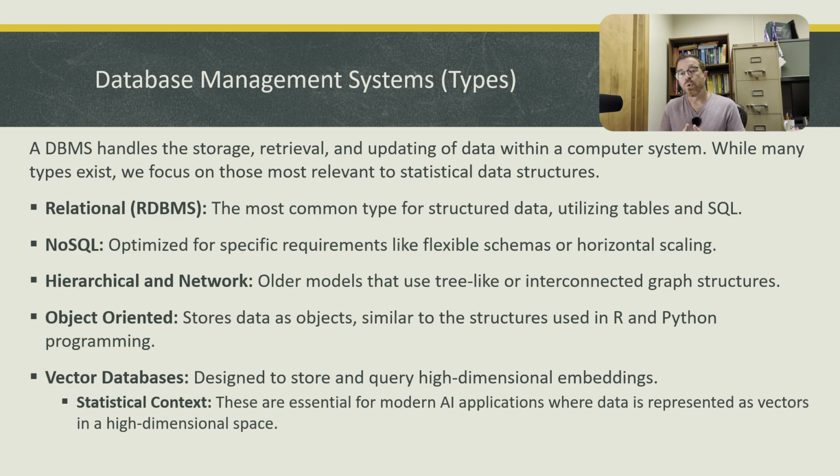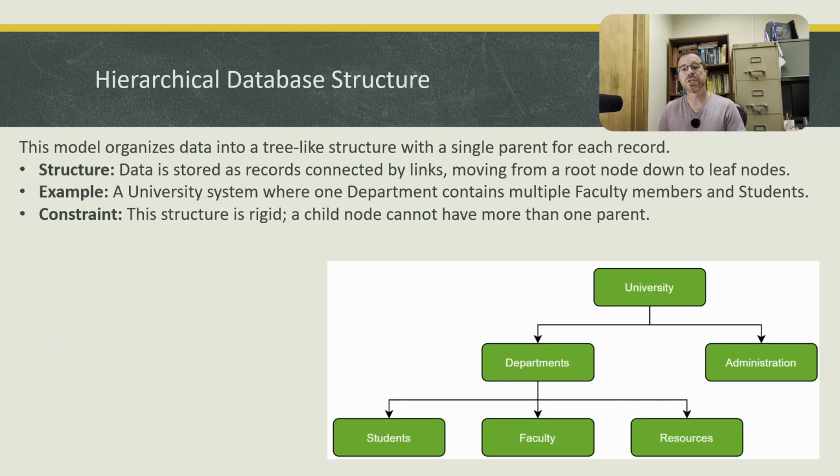These are designed to store and query high-dimensional embeddings. In the context of statistics, these are essential for modern AI applications where data is represented as a vector in high-dimensional space. And then from that, you can gather what you need based on what you're trying to do. We're going to start first by focusing on hierarchical database structures.